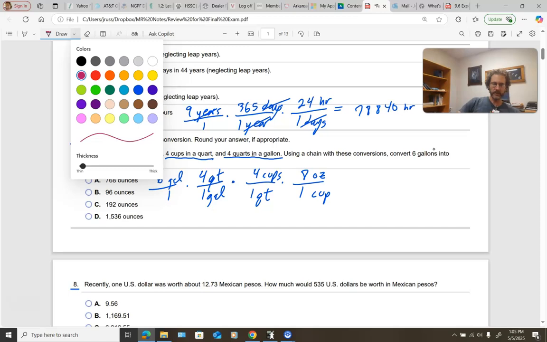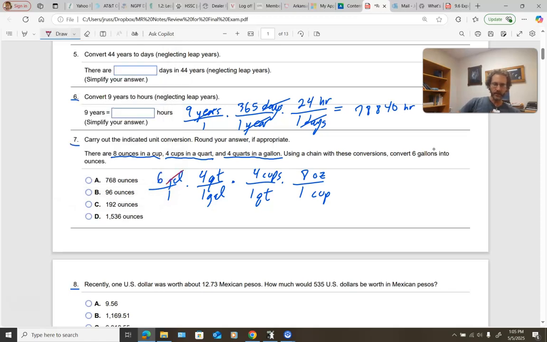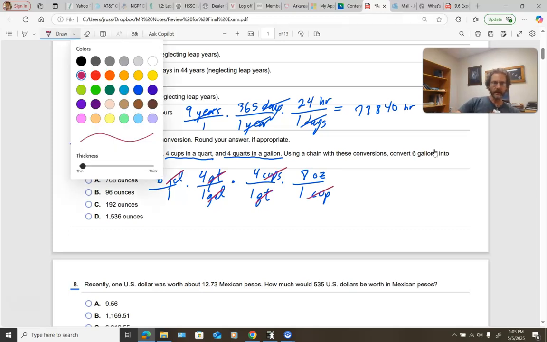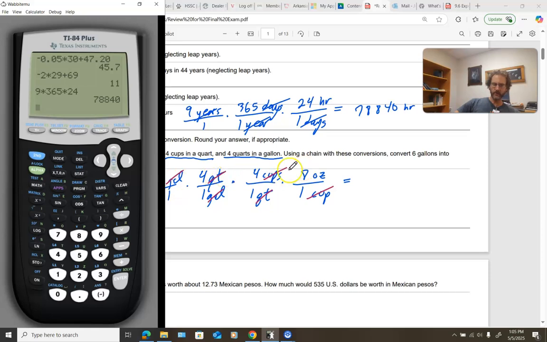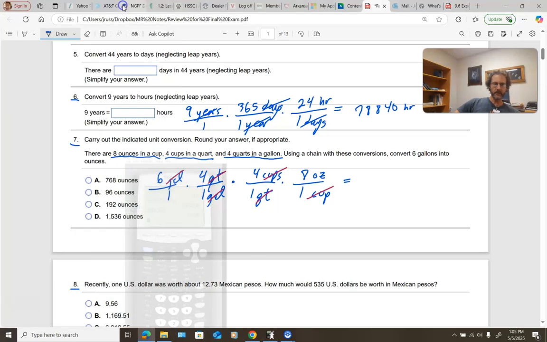And I'll go ahead and explicitly show that these units are dividing out, and we're just going to be left with ounces. Again, we've got a series of 1s in the denominator, so we're not going to worry about that. We're just going to multiply 6 times 4 times 4 times 8, or 24 times 32. And we're going to get 768 ounces. Okay.